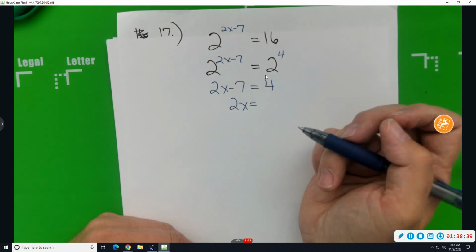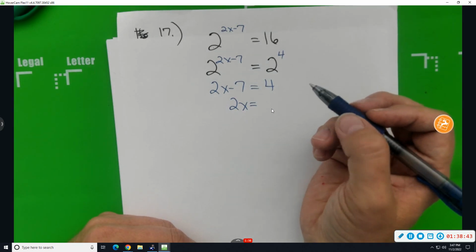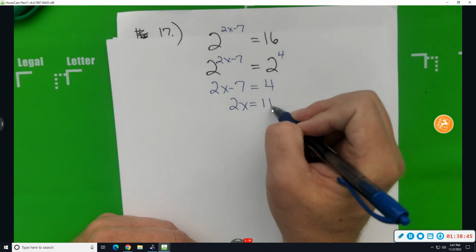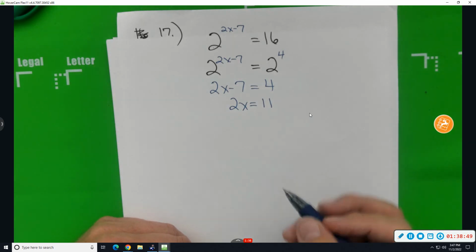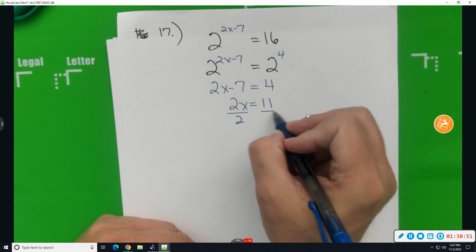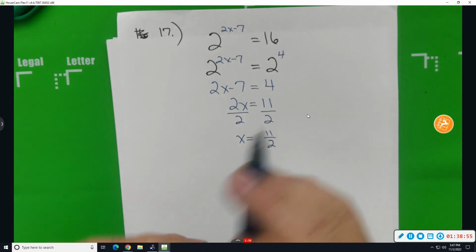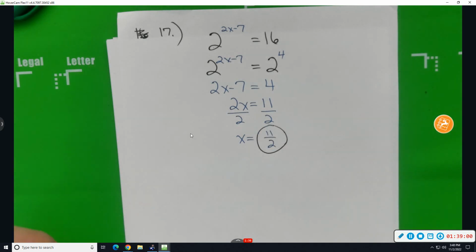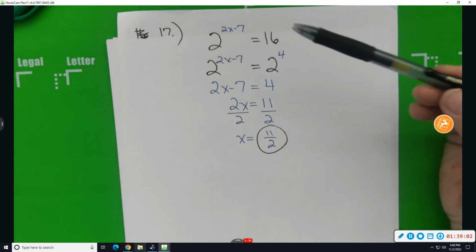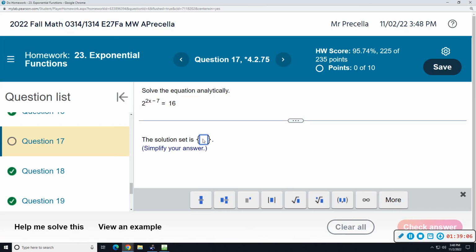Move it over, so we'll get a 4 plus 7 to give us 11, and then divide by 2 to give us x equals 11 over 2. Remember, sometimes you don't have to change both sides. Here we only had to change one side. The 16 we changed to a 2 to the 4th.